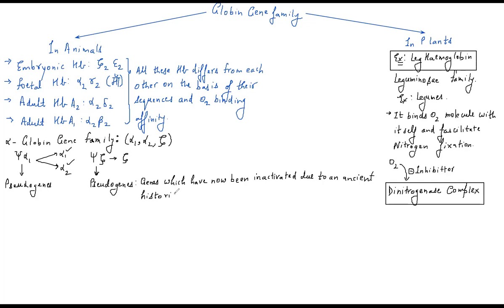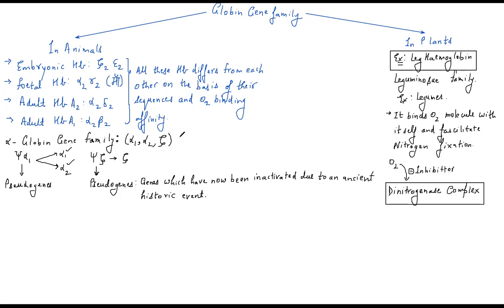There was some ancient historic event in the old times because of which these genes have become inactivated. Okay, maybe a mutation, a translocation, transversion, deletion, duplication, anything that has been there, and these genes have become inactivated, then they are referred to as pseudogenes.